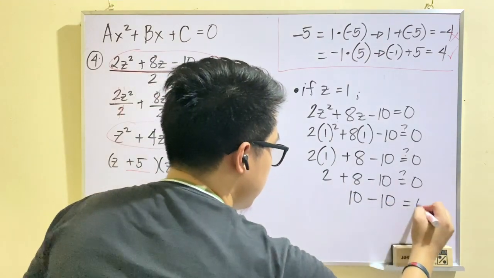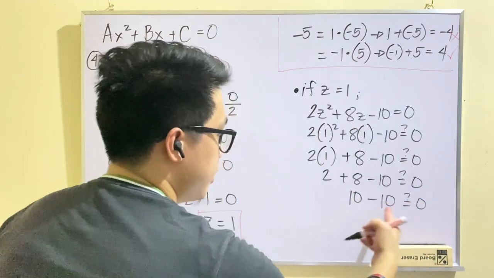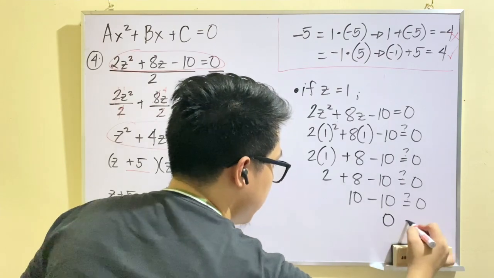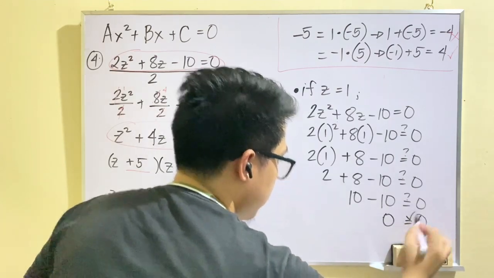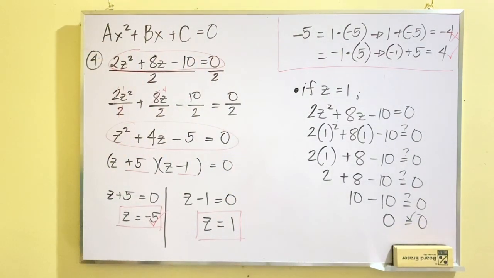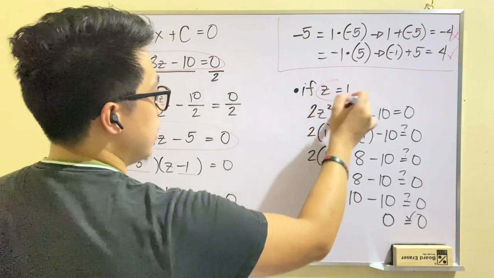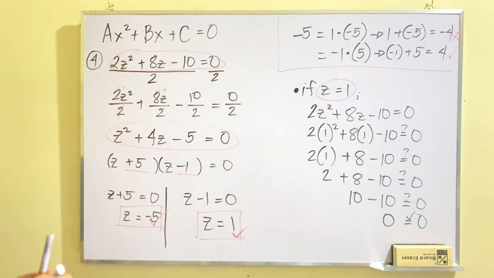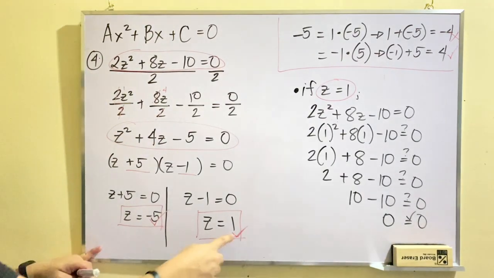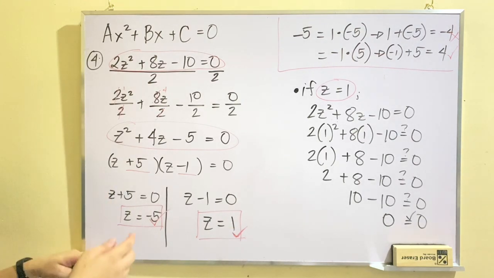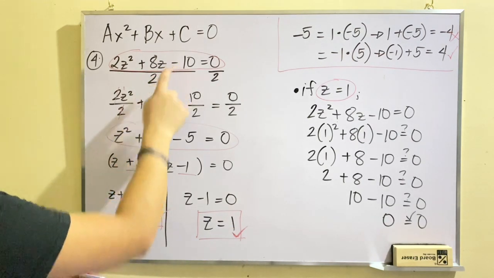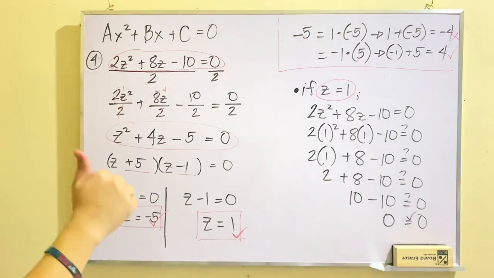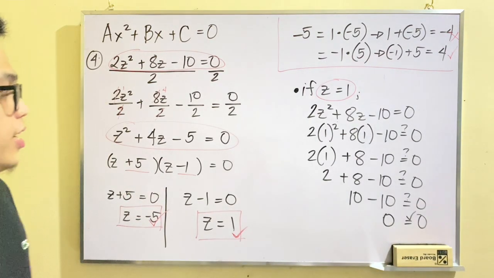Minus 10, is it equal to 0? 10 minus 10 is obviously 0. 0 is equal to 0. Therefore, yung value natin na z equals to 1 is tama din. So, na-confirm natin na negative 5 and 1 are the roots of the given quadratic equation. Intindihan? Naintindihan.